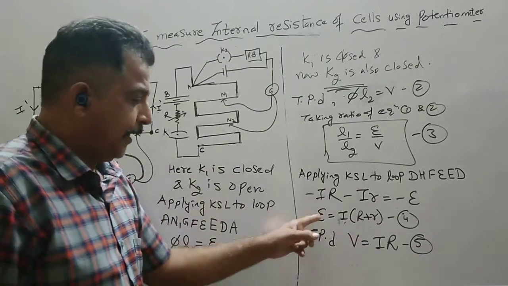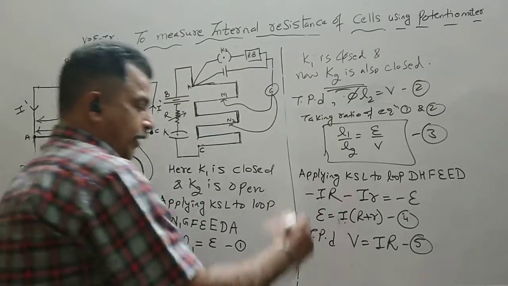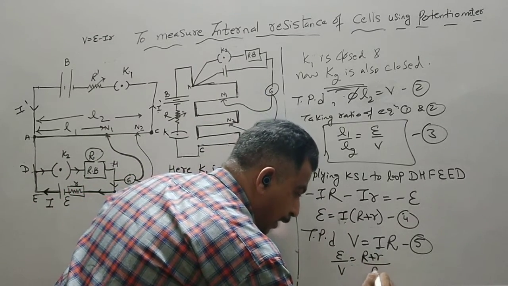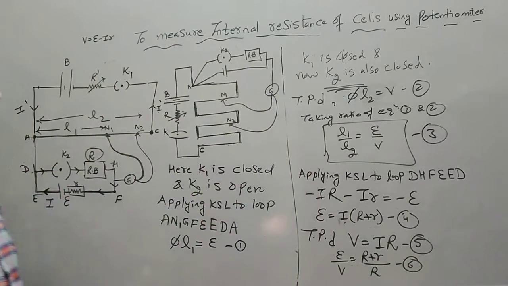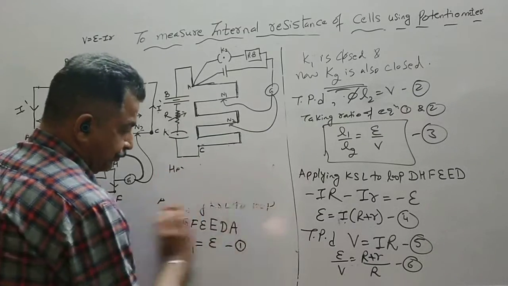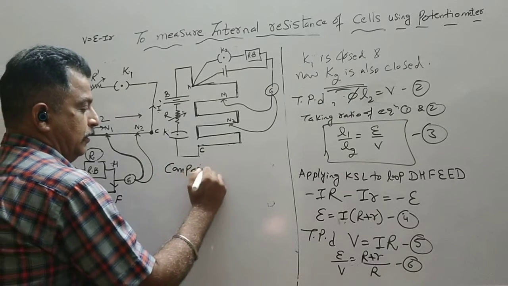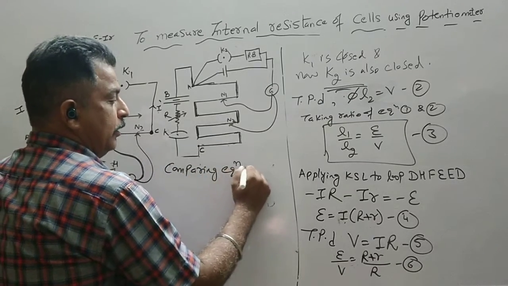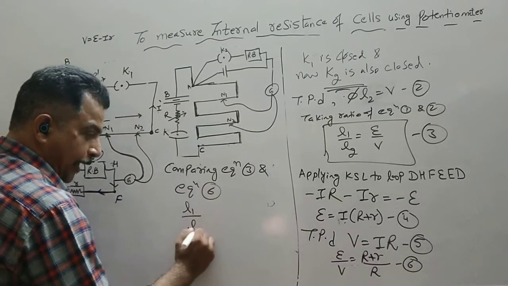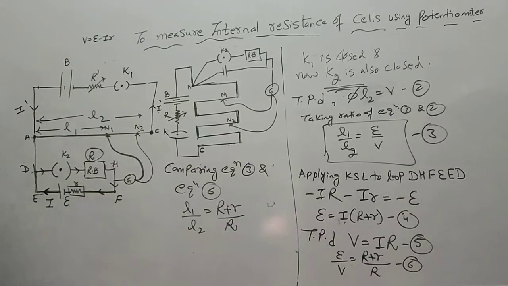Again, I take the ratio of these two so that I is cancelled. Taking the ratio, E upon V is equal to R plus r upon R. Now we simply compare equation 6 with equation 3. Comparing equation 3 and equation 6, L1 upon L2 is equal to R plus r upon R. We have to find the internal resistance.